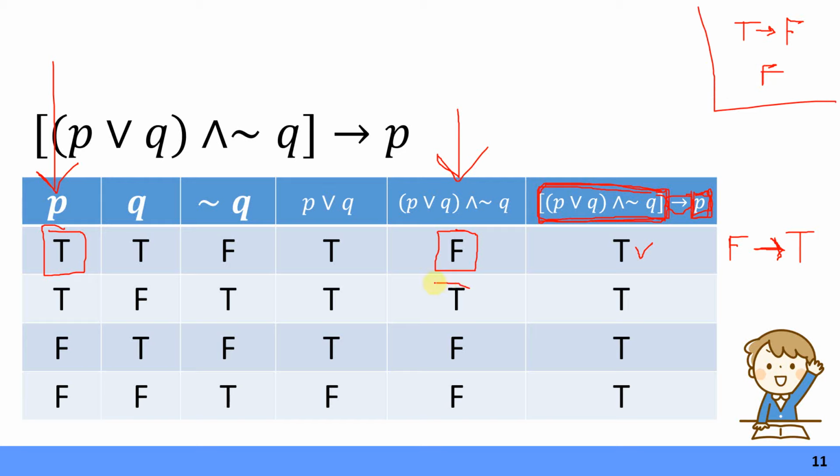All right, let's try the next one. If true, then true. Hopefully you agree that is true. Next row, if false, then false.